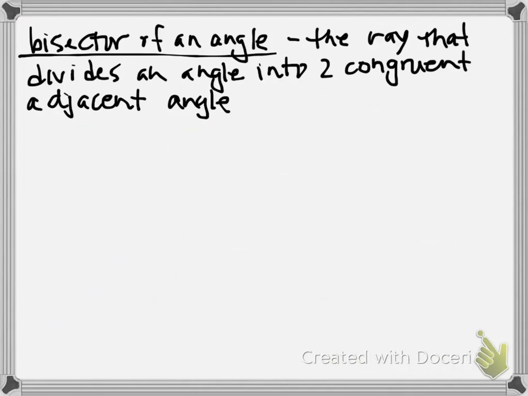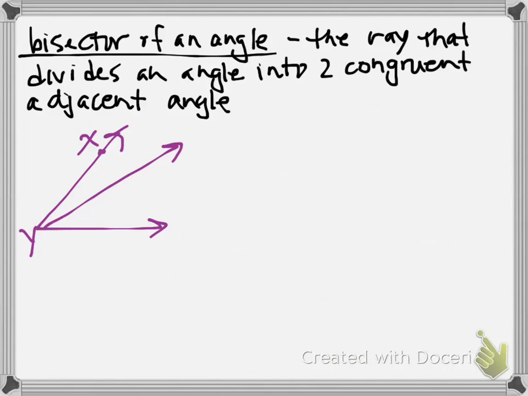So let's do an example of that. In this diagram, even though it may not look like it, we've got angle XYZ, and there is a ray YW that breaks the angle into two halves. So from this diagram, we can get a couple pieces of information.